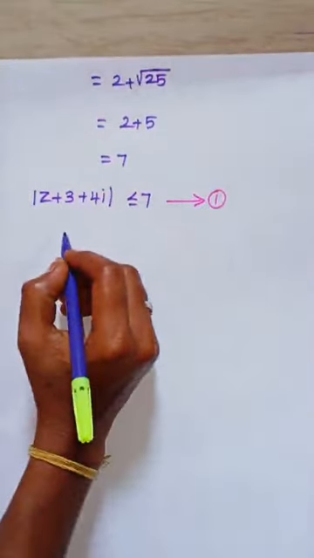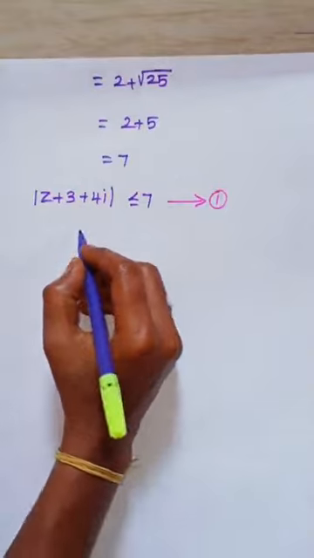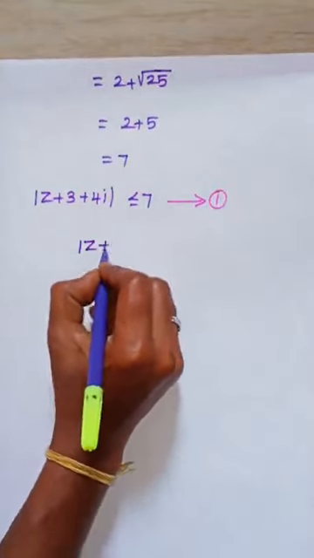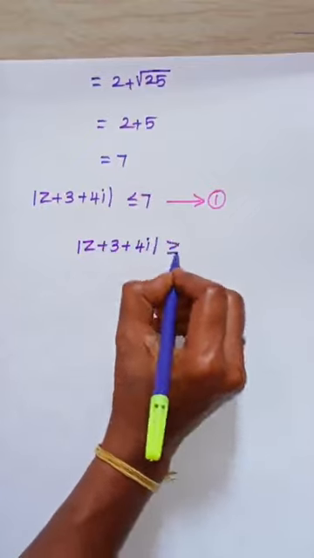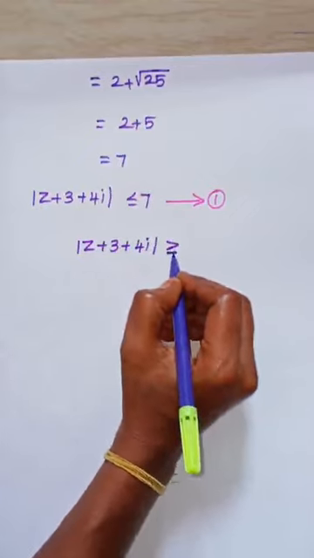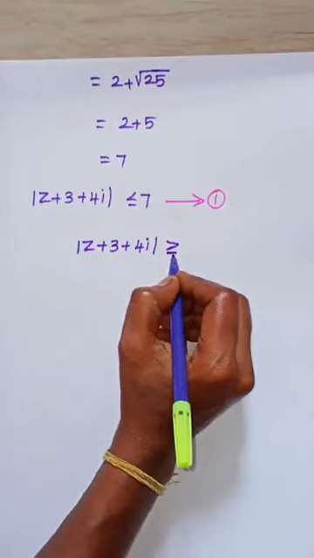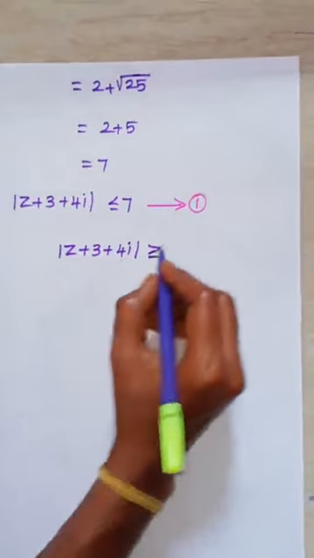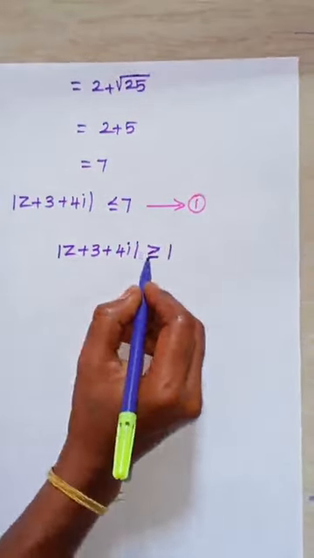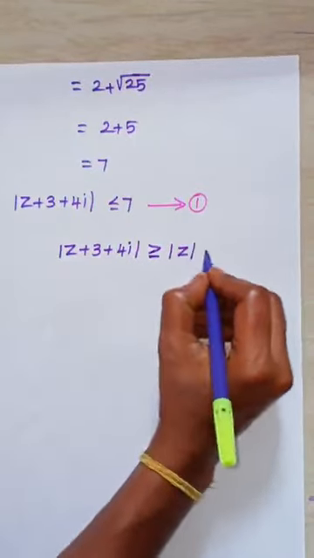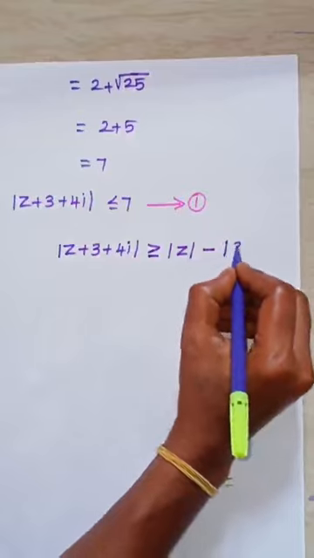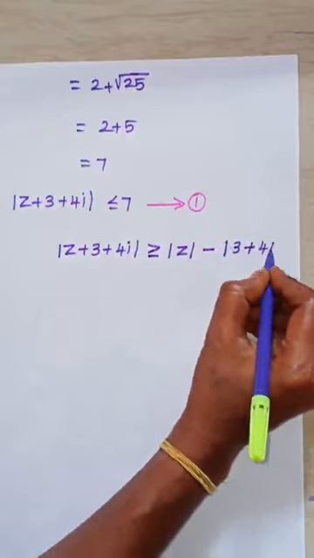Next, consider the inequality modulus z plus 3 plus 4i greater than or equal to. Using greater than, we split it into a minus: modulus z minus modulus 3 plus 4i.